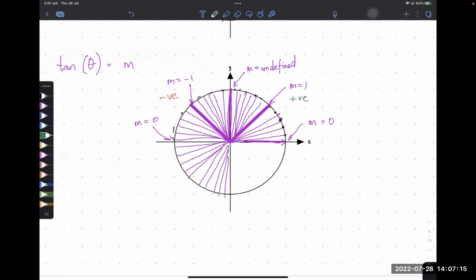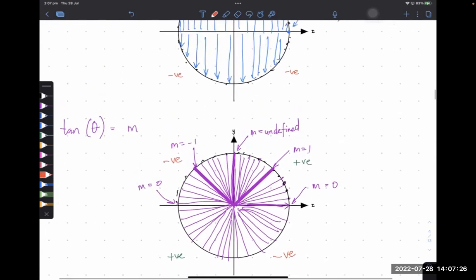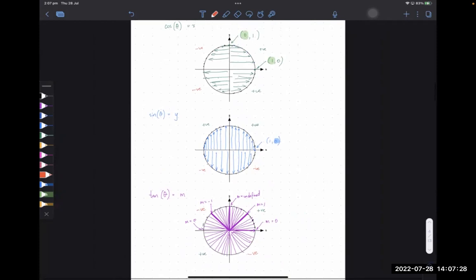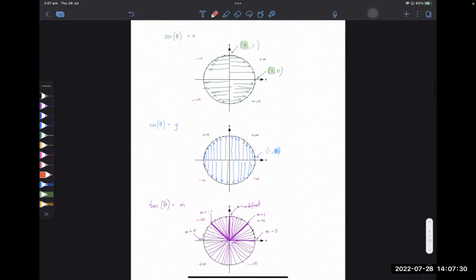Okay, great. Positive. And our final quadrant, negative gradient. Okay, so that's a quick summary of how each of these trig ratios, sine, cos, and tan, work in the unit circle.